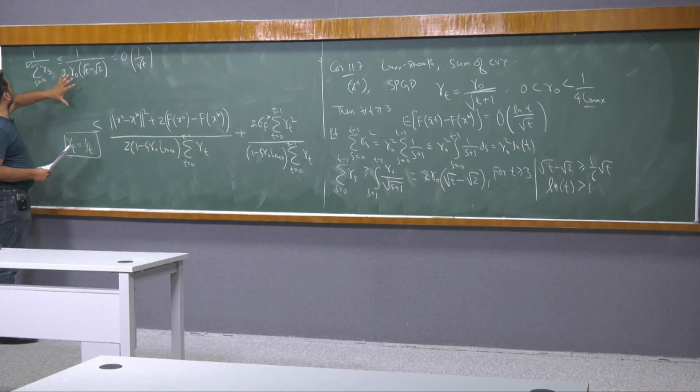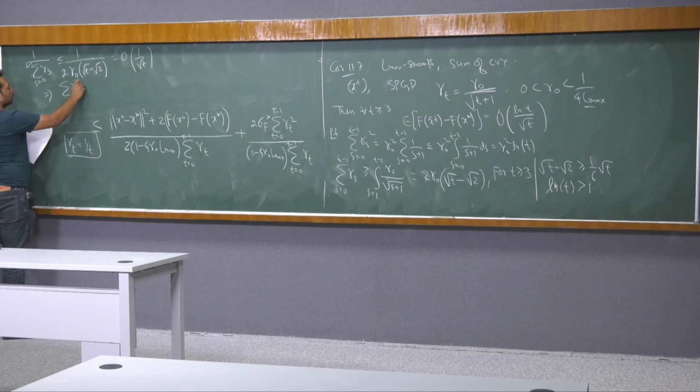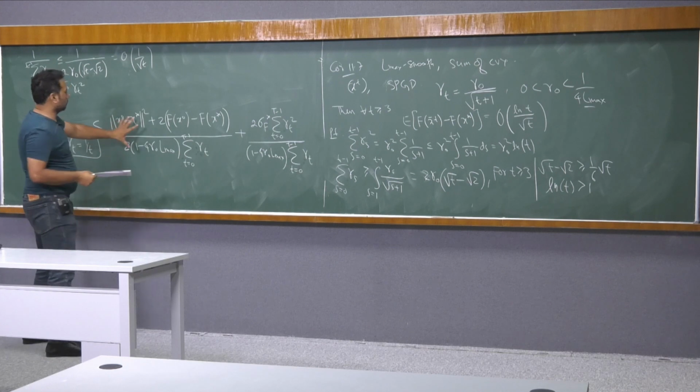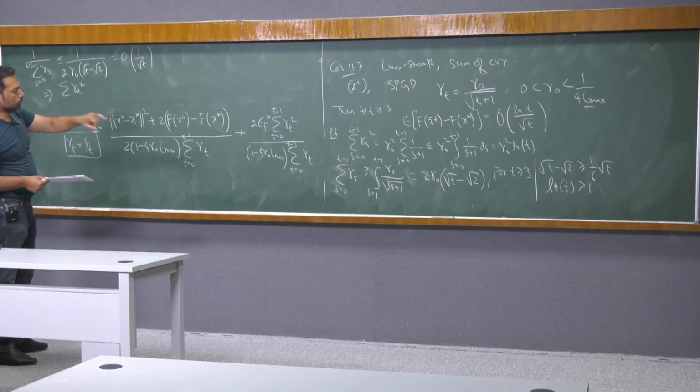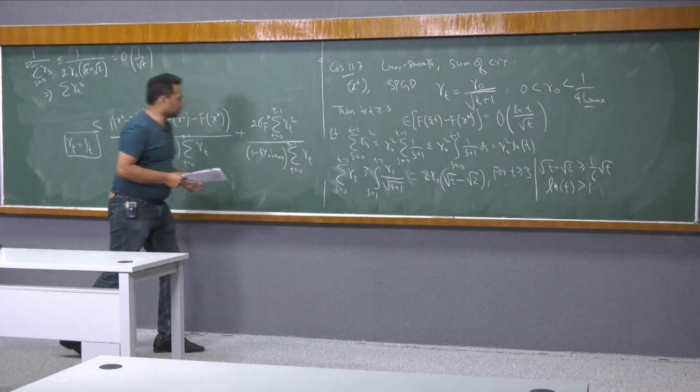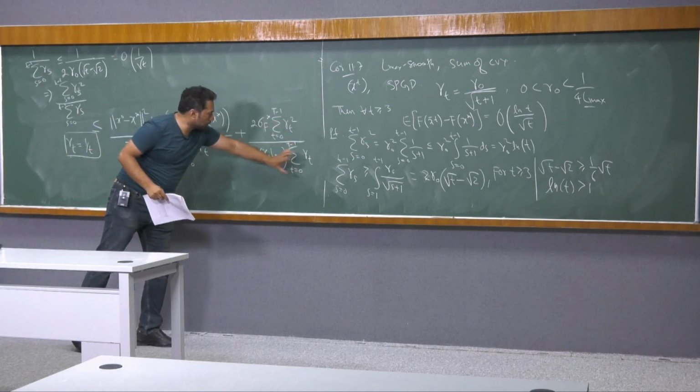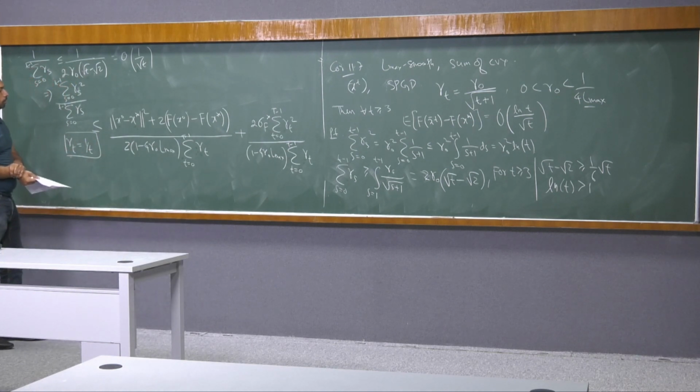So this term was the denominator, and hence we look at this sum of gamma t square and gamma t, or gamma s. The notation that we are using is with s, so let us use s. Basically we are concerned with this divided by this, because everything else is a constant, so that doesn't play any role.